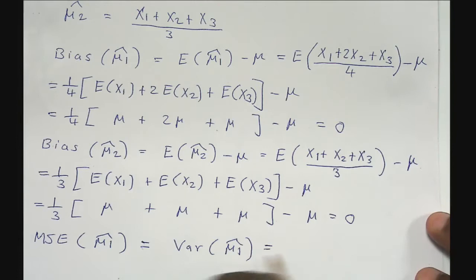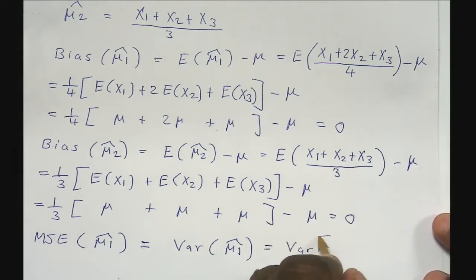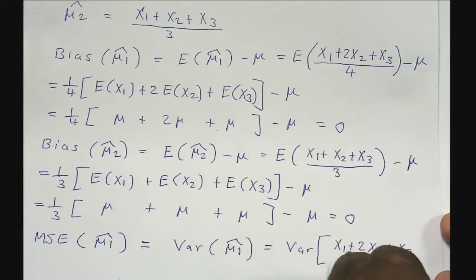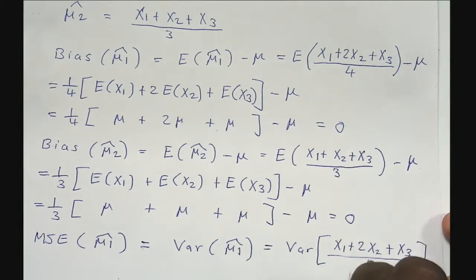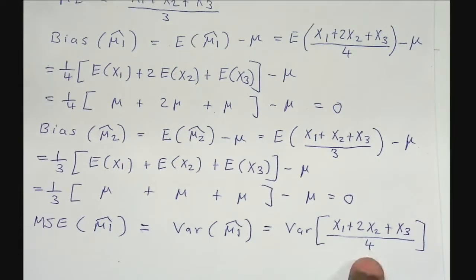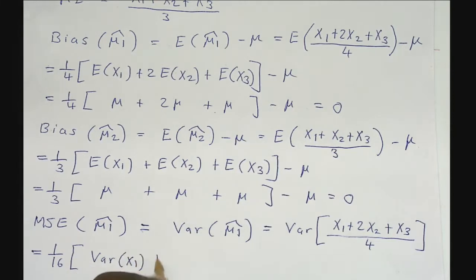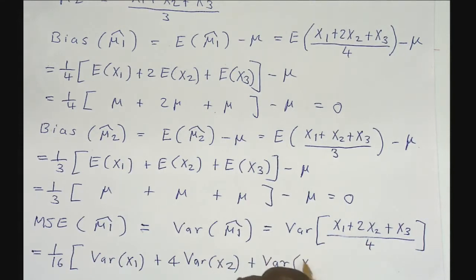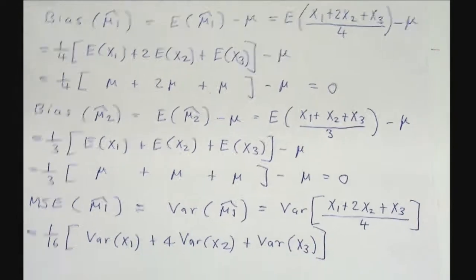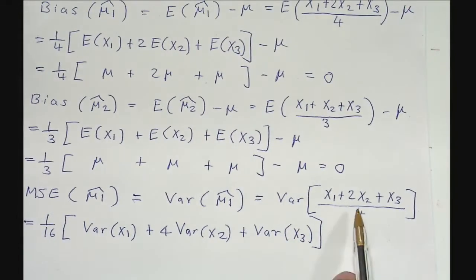And so this is the variance of this. Now, if you take the 4 outside the variance, it becomes 16. So you see, the 2 becomes a 4, and the 4 becomes 16, right?